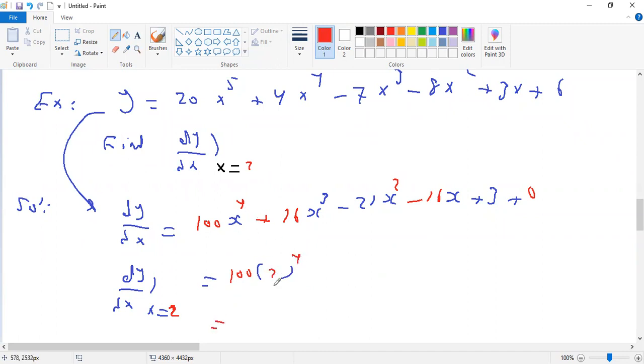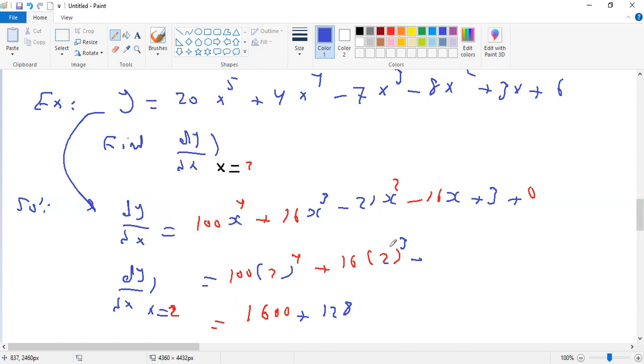The first term: 2 to the power 4 is 16, because it is 2 times 2 times 2 times 2, times 100 is 1600. Plus 16 x cubed, where x is 2 and the power is 3. 2 to the power 3 is 8, and 8 times 16 is 128, yes.